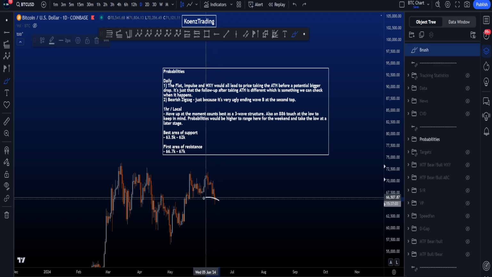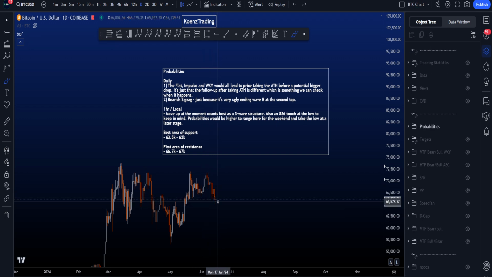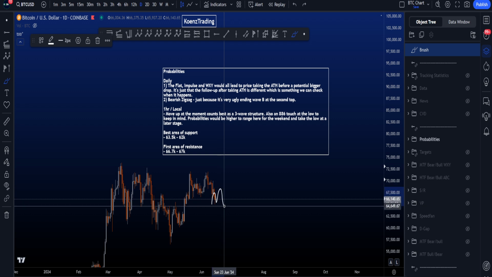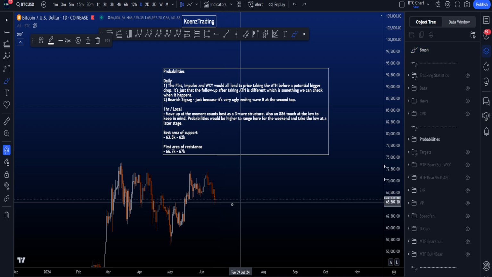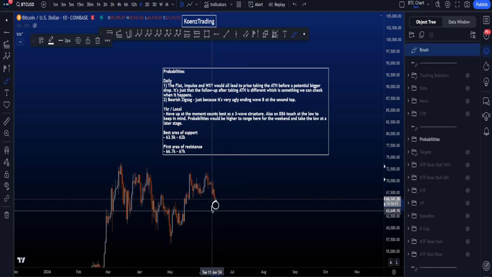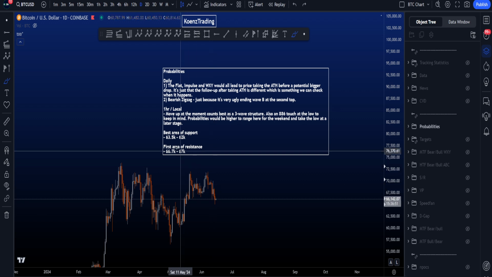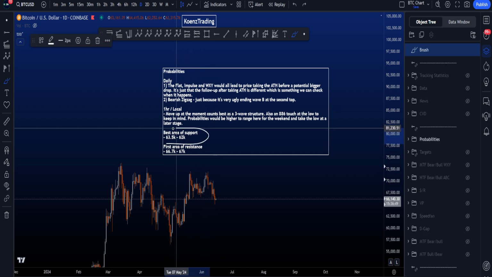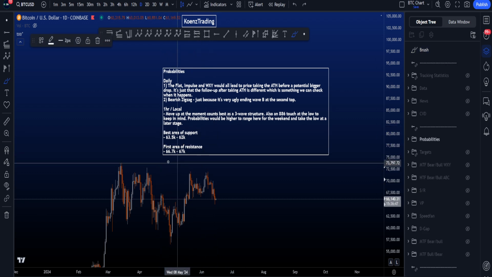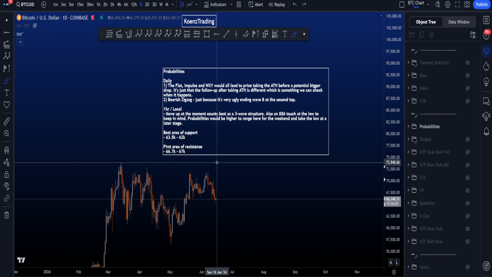Also got an 0.886 touch there at the low to keep in mind. So the probabilities at the moment would be higher to range here locally for the weekend, and then take the low that we made over here at a later stage. The best area of support, as explained, is between 63.5K and 62K, and the first area of resistance is 66.7K to 67K.